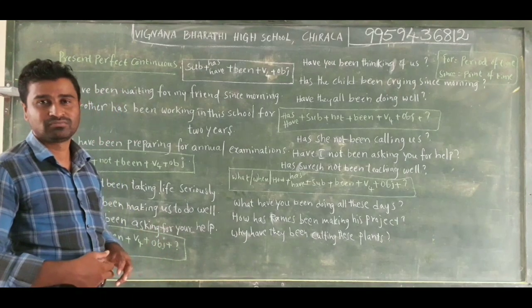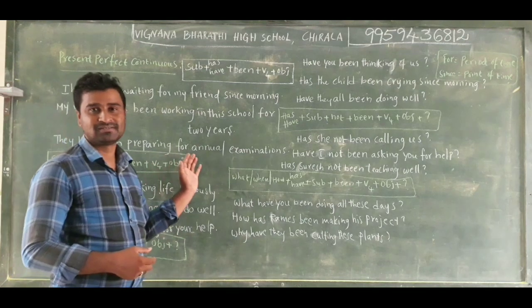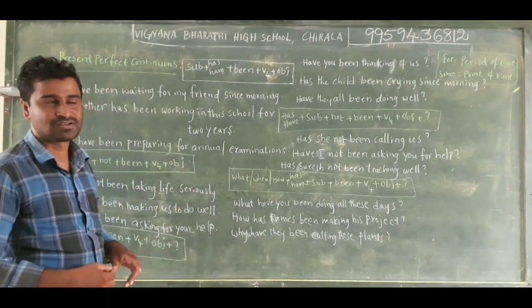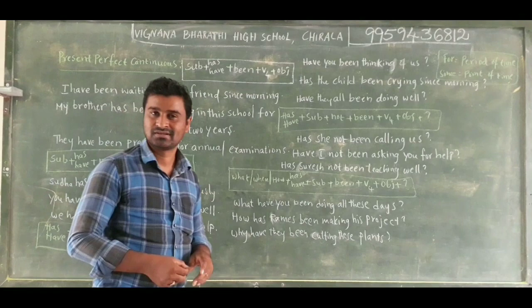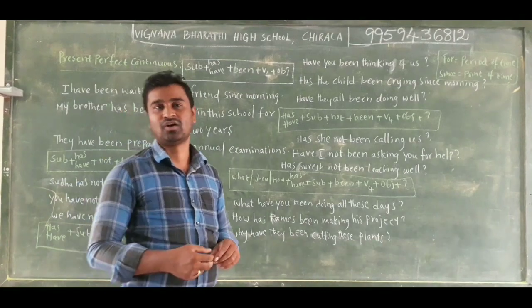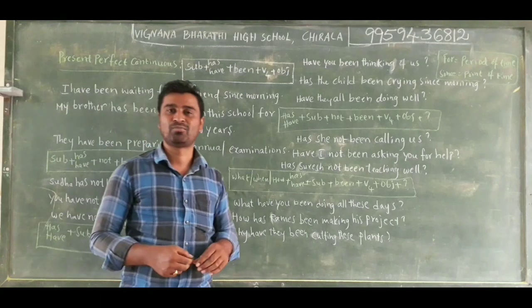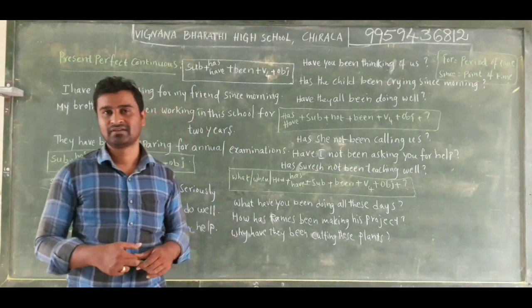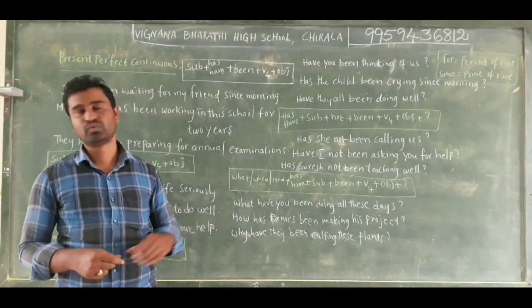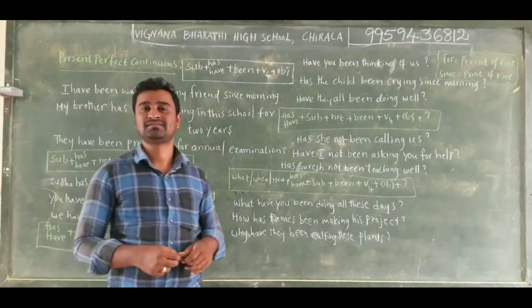Just to remind you, present perfect tense has the structure subject has or have plus verb 3 plus object, and the negative: subject has or have plus not plus verb 3 plus object.